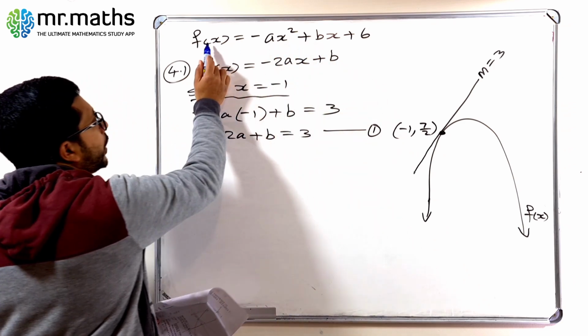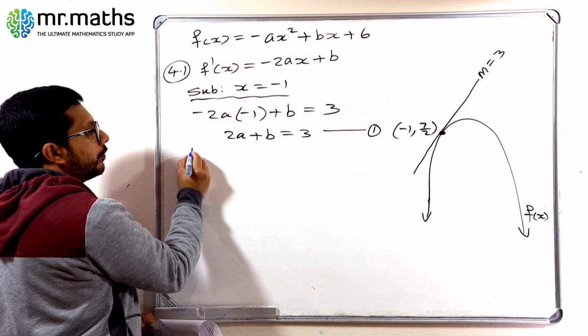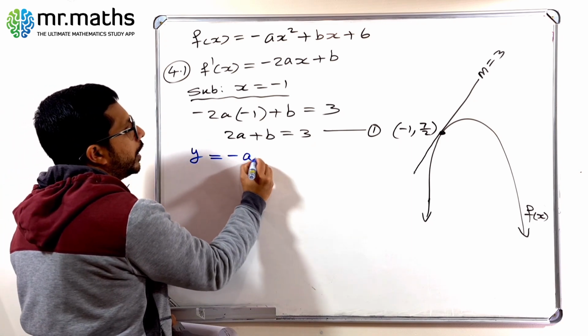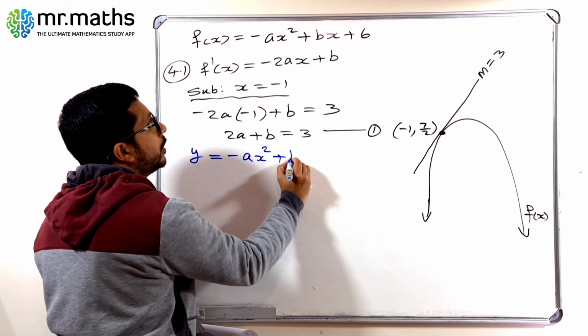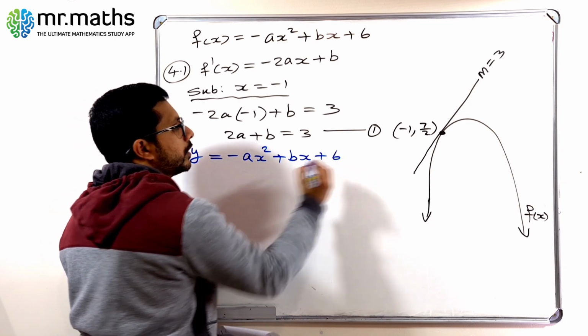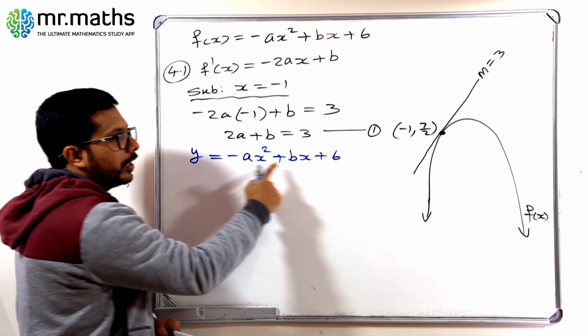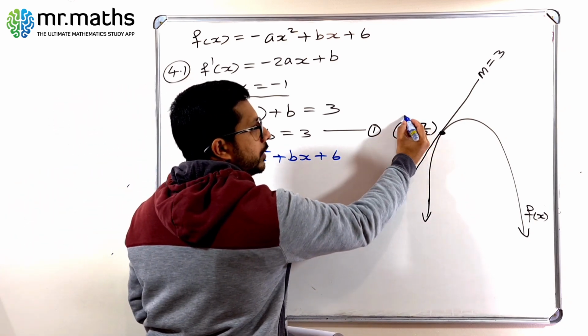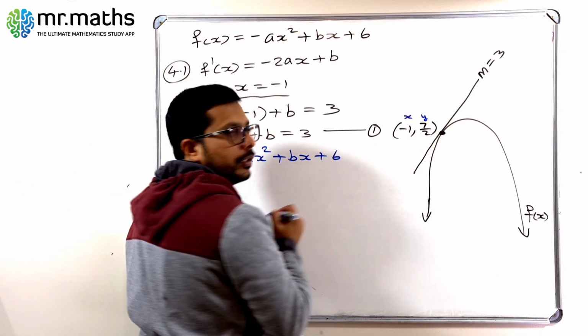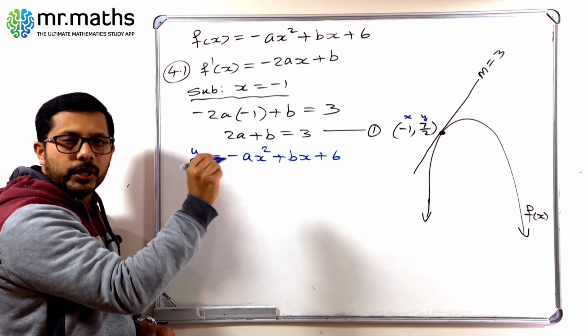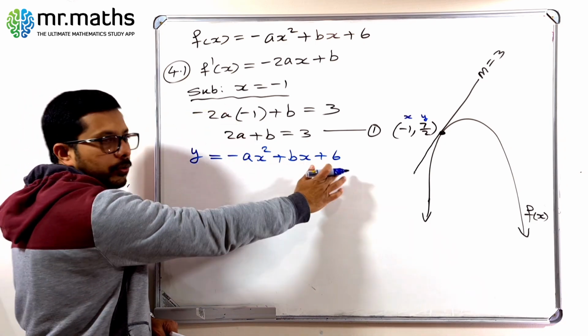Let me write this. f of x is the same as y, which is equal to minus ax square plus bx plus 6. We can substitute minus 1 for x and 7 over 2 for y because that point is on this graph.